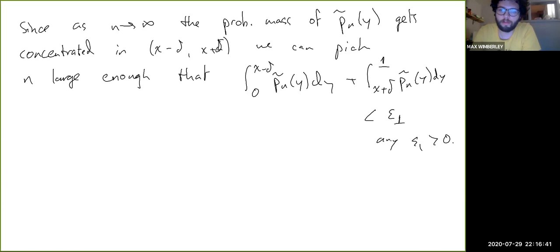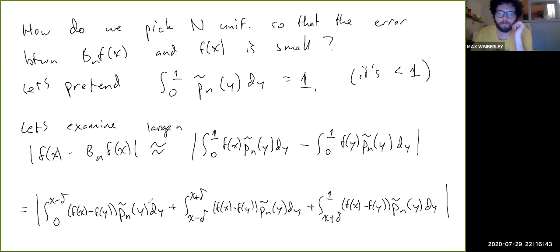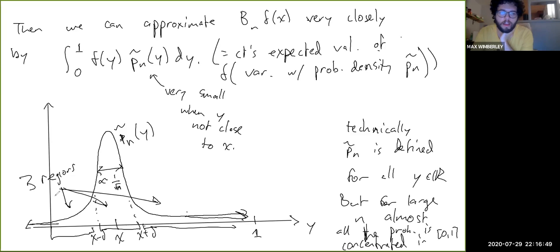So basically what we're doing is thinking about how we can control the error. The reason I split it up like this is because I expect almost all of the value of this integral, which is supposed to get very close to f of x itself, to come from this tiny interval here.